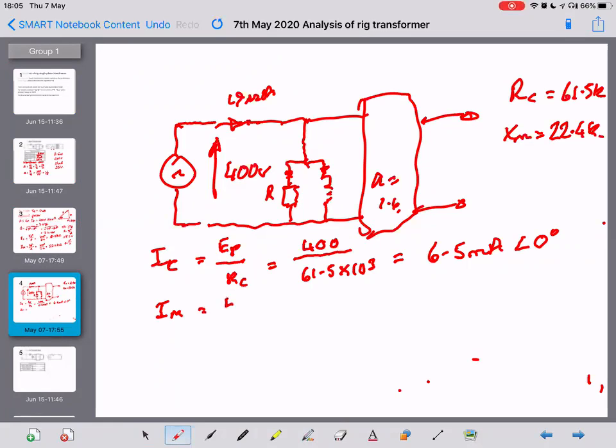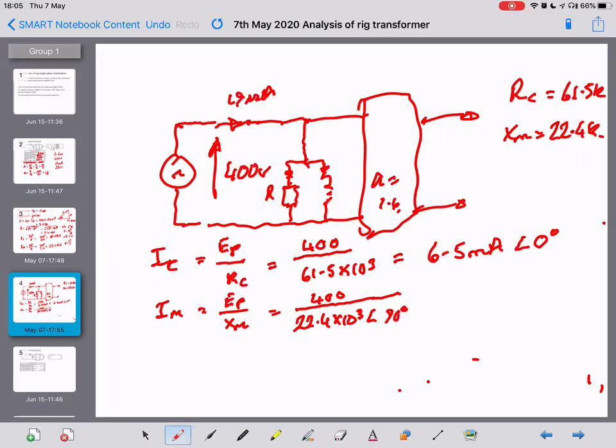is E phase over XM, which is 400 over 22.4 times 10 to the 3 angle. The angle for an inductor? 90 degrees.